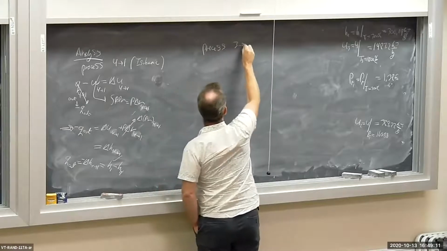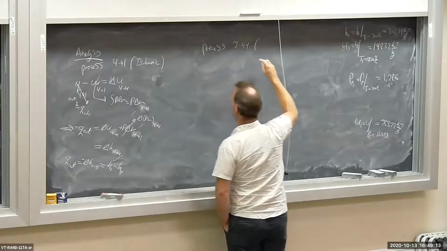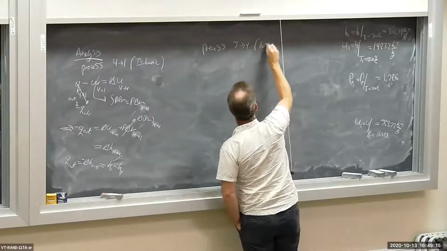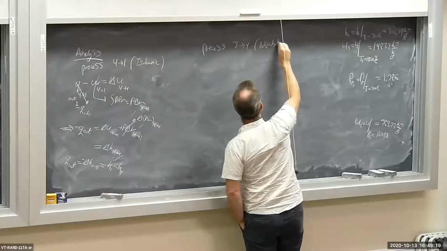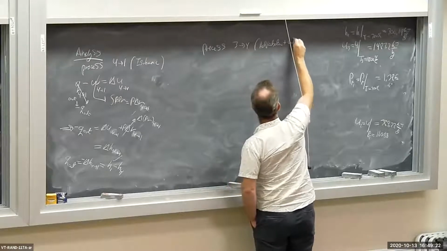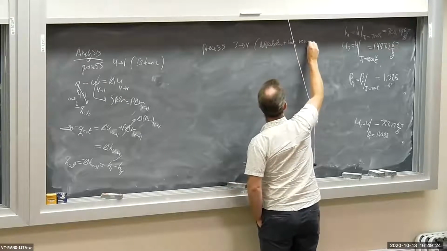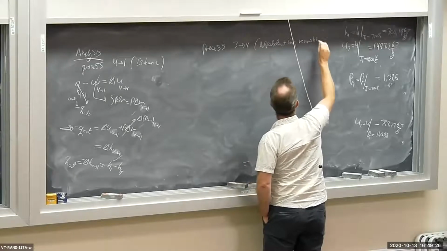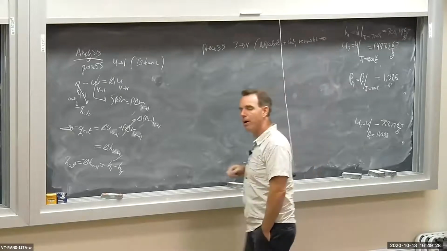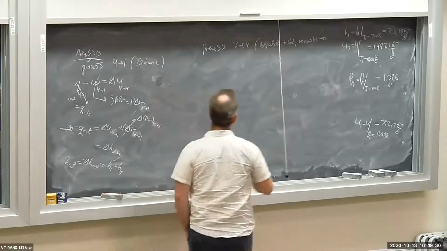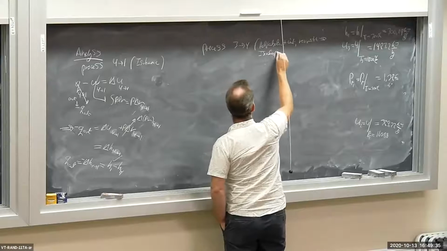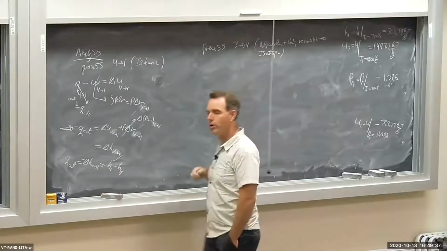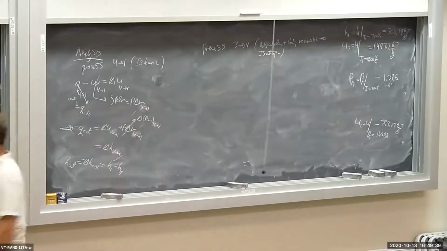Process 3 to 4 is adiabatic and internally reversible. So we apply the entropy balance and we'll get isentropic, okay?